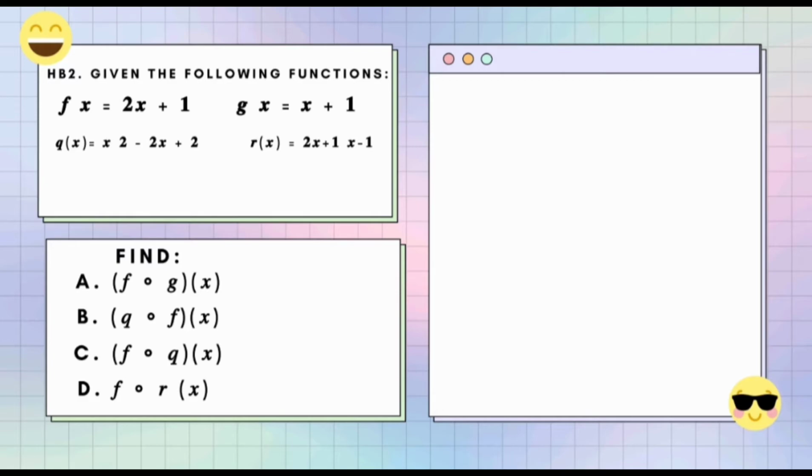Letter B. Q composed of f of x is equal to q of f of x. Given the functions q of x is equal to x squared minus 2x plus 2 and f of x that is equal to 2x plus 1, find q composed of f of x. Substitute x with 2x plus 1 in the function q of x that is equal to x squared minus 2x plus 2.